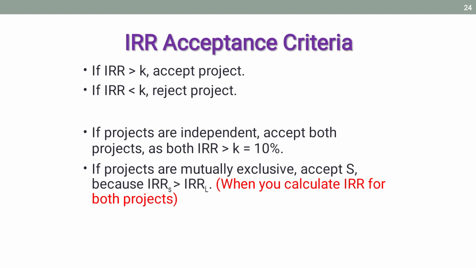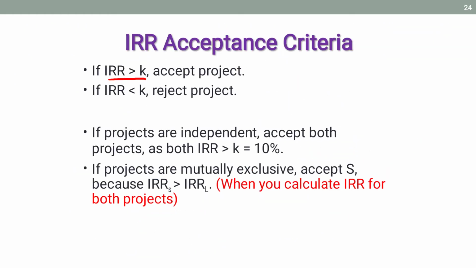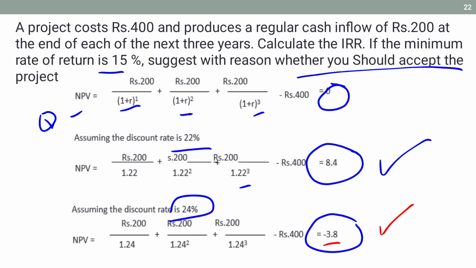The IRR acceptance criteria is, if IRR is greater than the cost that is given in the question, 15% minimum rate of return, you accept it. If IRR is less than K, you reject it. If the projects are independent, accept both projects, as both IRR is greater than 10%, right?